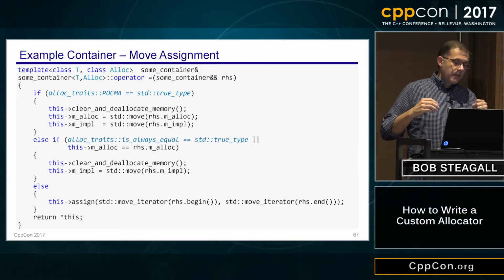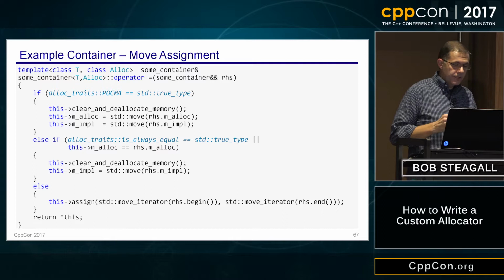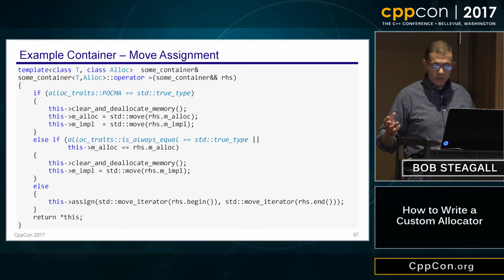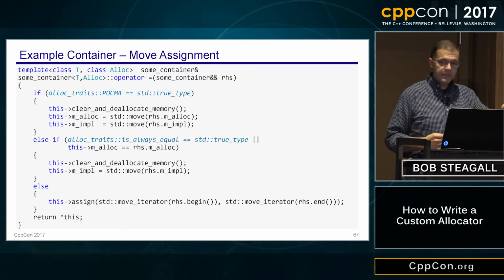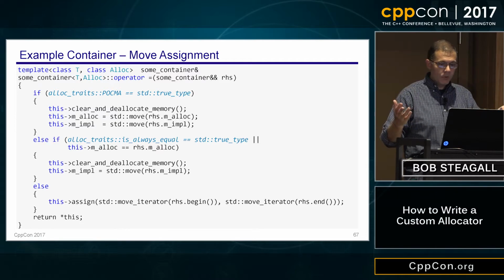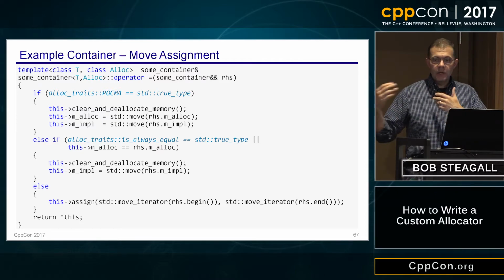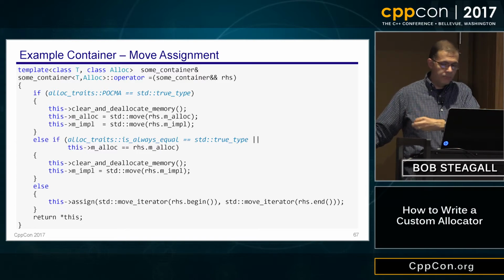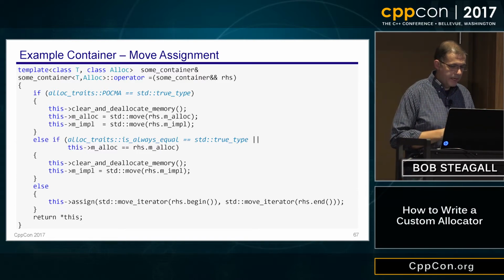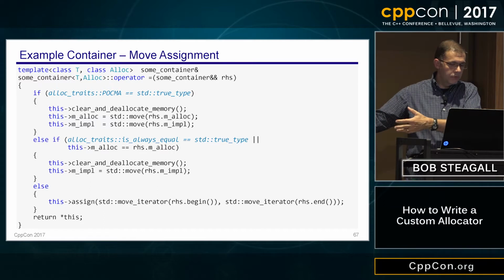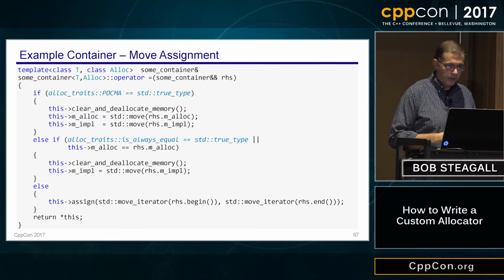If my allocator trait says that allocators are always equal, or this allocator happens to compare equal to the allocator from the right-hand side, well, I'm still going to clear and deallocate my memory that's holding my elements right now, but I'm just going to move my implementation from the other container. I don't need to do anything with the allocator because I know that the allocators are equal.